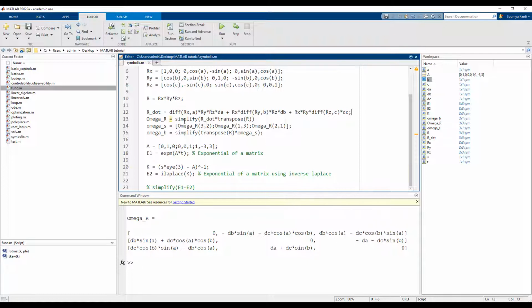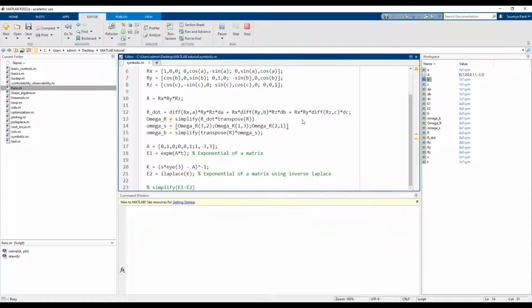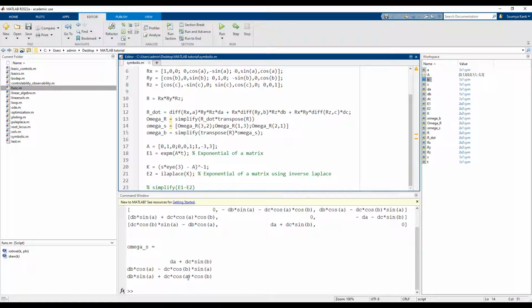So this is omega r, the capital omega matrix, and now if I want the vector, I'll just choose the elements. So this is x, this one, 1, 3, is y, and this one is z. So now if I run it, you can see that okay, this is the omega in vector form.